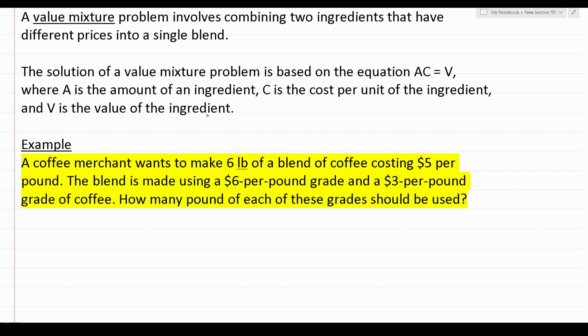So as you'll see in just a few minutes, I'm going to use A times C equals V. More specifically, I'm going to use a table to take our word problem and translate it into algebraic and numeric expressions, which I'll then use to solve the problem. So with that in mind, let's take a look at our first example here.